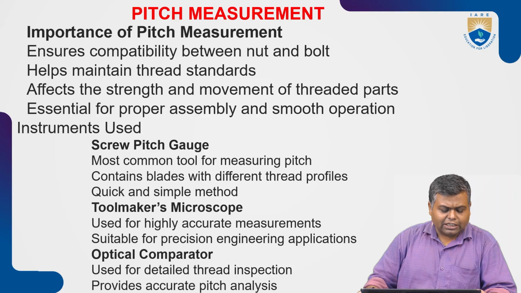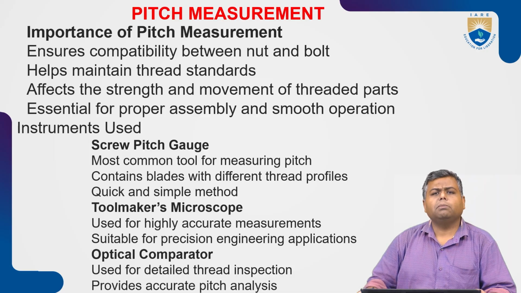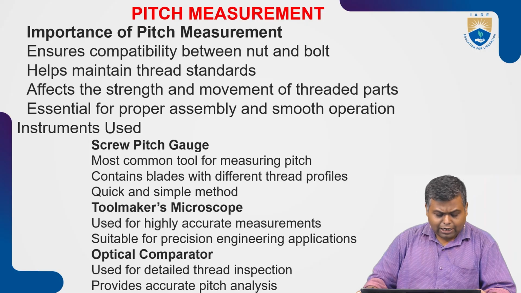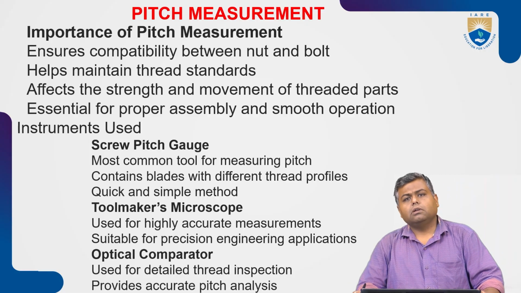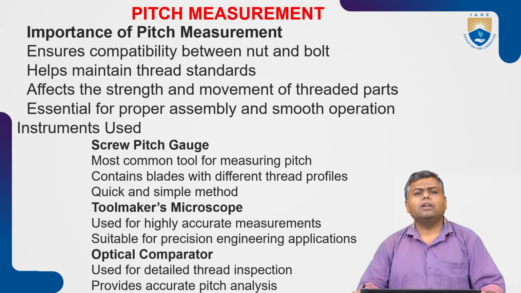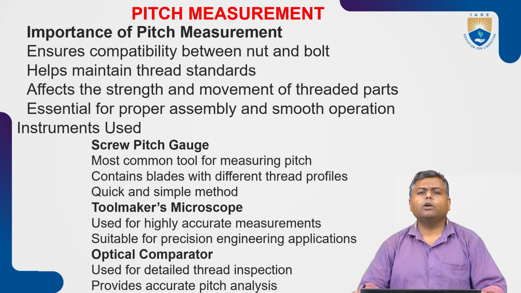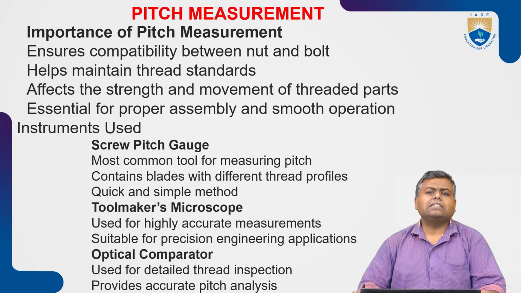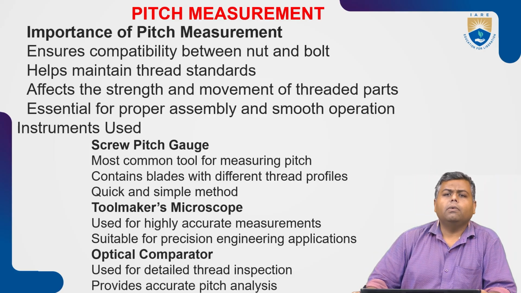So what are the different instruments used for measuring pitch? Screw pitch gauge, toolmaker's microscope, and also optical comparators. The screw pitch gauge is mostly used for measuring pitch, and it contains blades with different thread profiles. It is a very quick and simple method. The next is the toolmaker's microscope, which we have discussed in the earlier section.